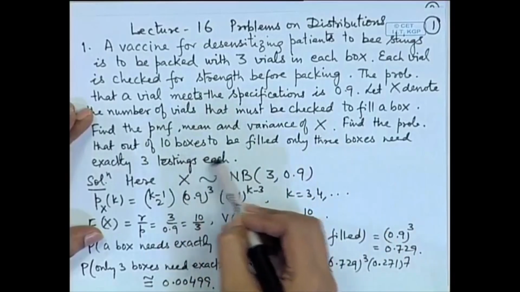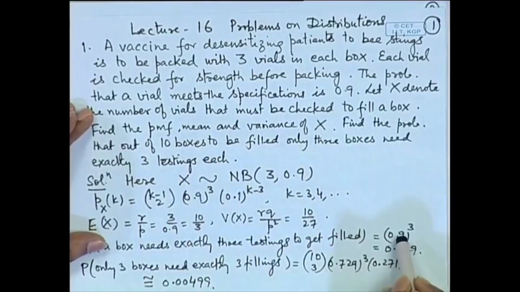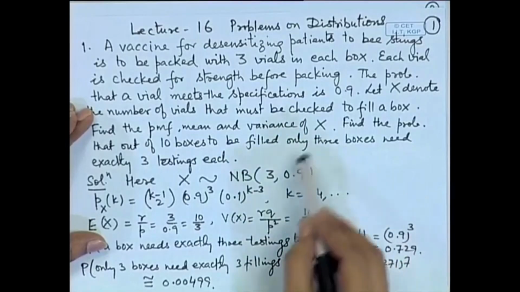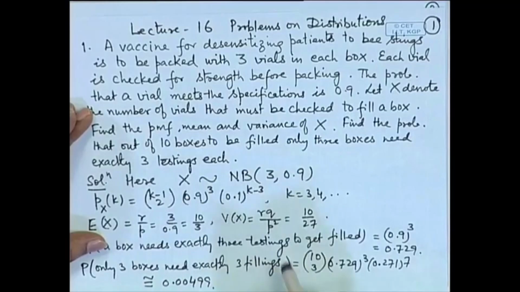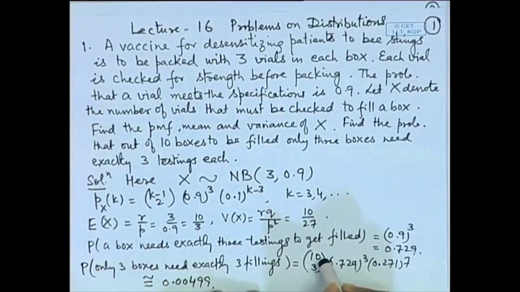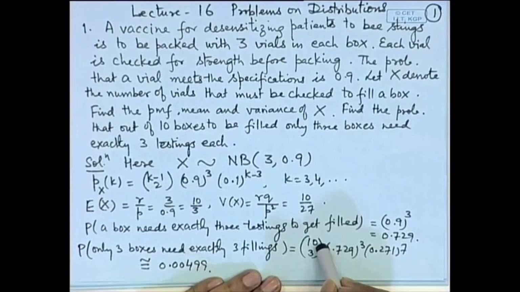So, it again becomes like a Bernoullian trial with probability of success p equal to 0.9 cube, that is 0.729. So, out of 10 boxes, 3 boxes will need 3 testings. It is the binomial probability of x equal to 3, where n is equal to 10 and p is equal to 0.729.